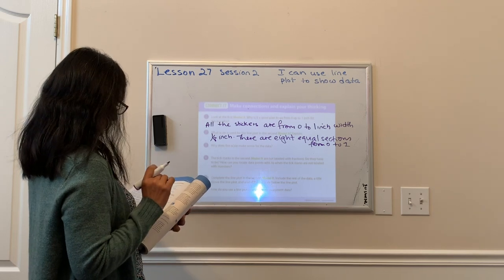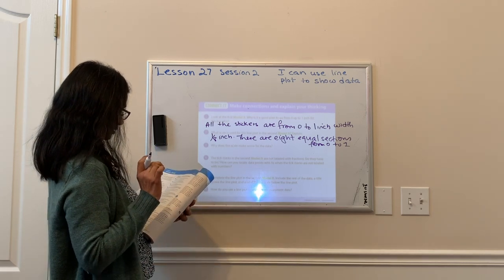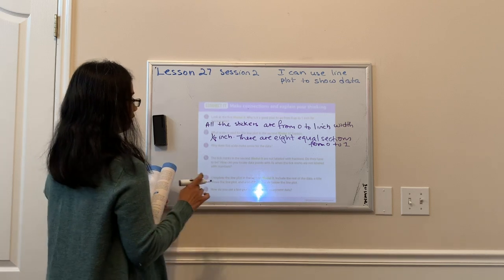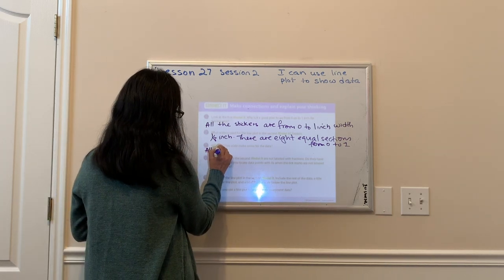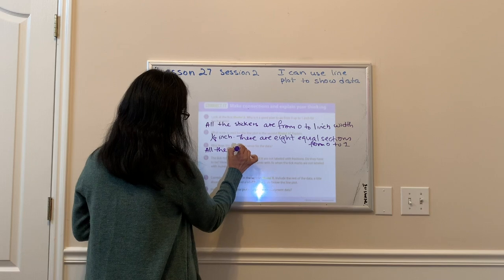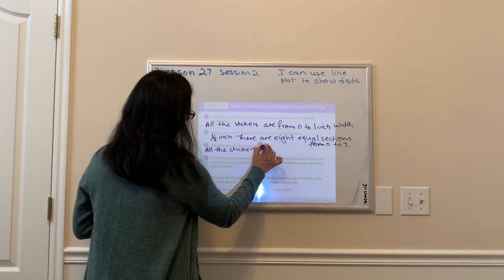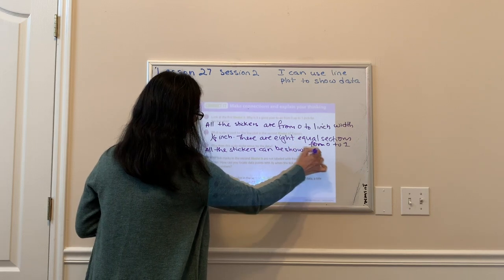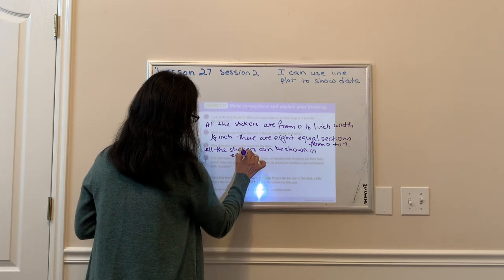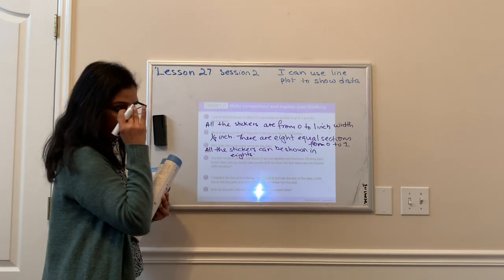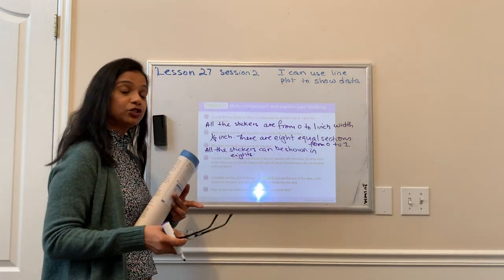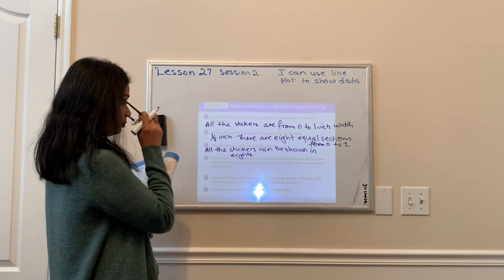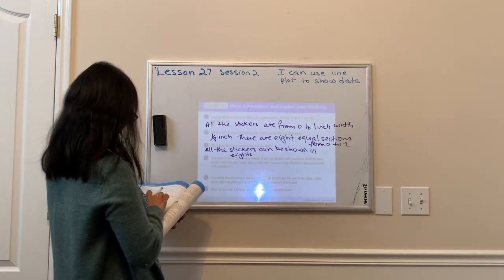So this scale makes sense because all these stickers can be shown in 8ths or equivalent fractions. Even though they were 3/4, we know that 3/4 is 6/8, so they can all be represented in 8ths.